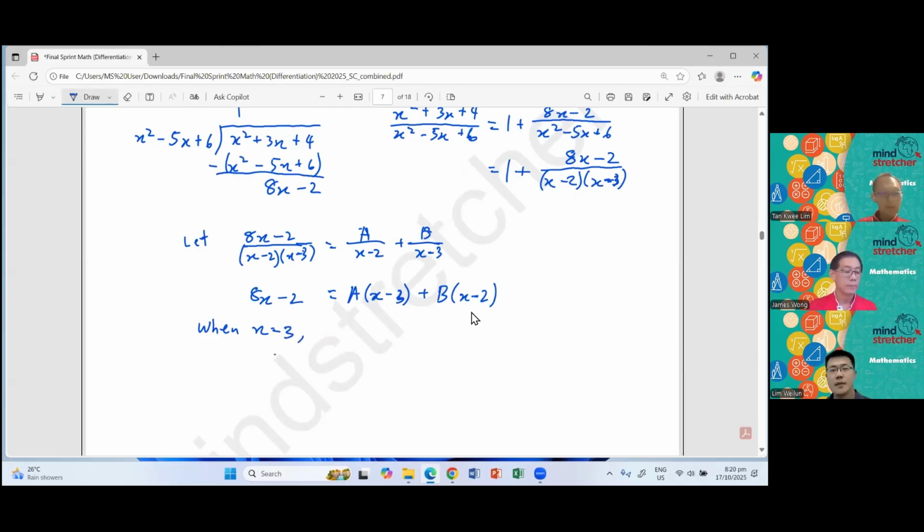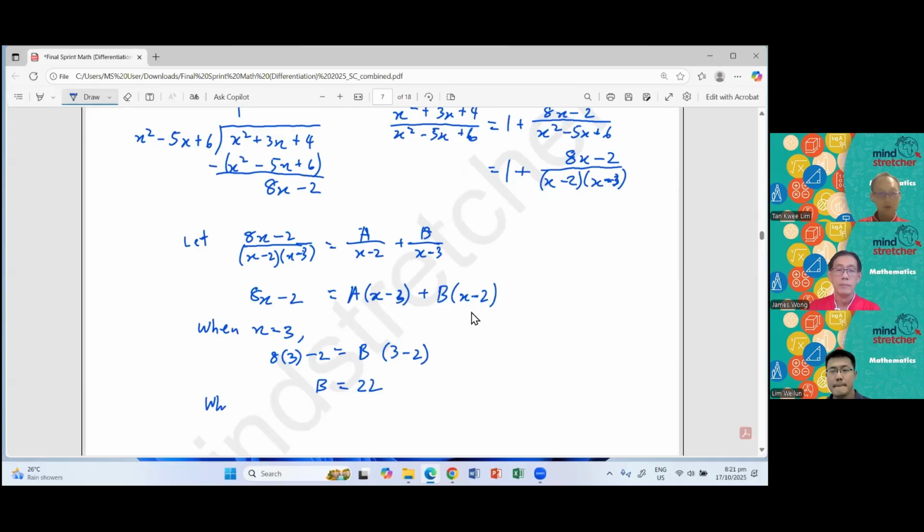We will have 8 times 3 minus 2, equals to, A will be 0 already, so then your B is 3 minus 2. Eventually B equals 22.